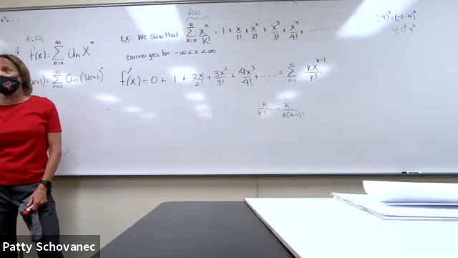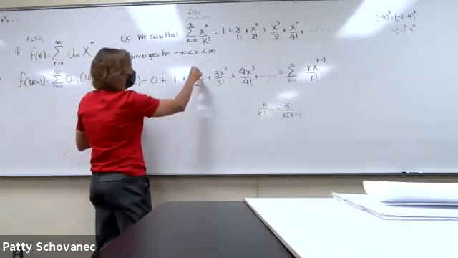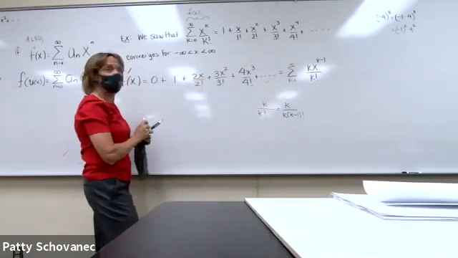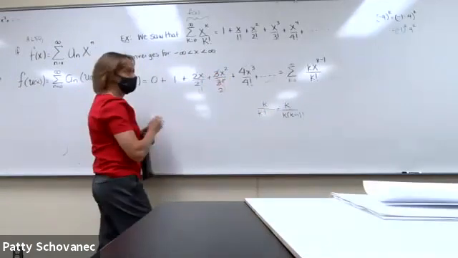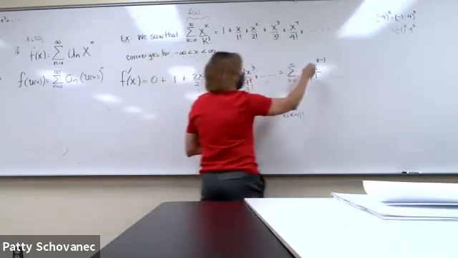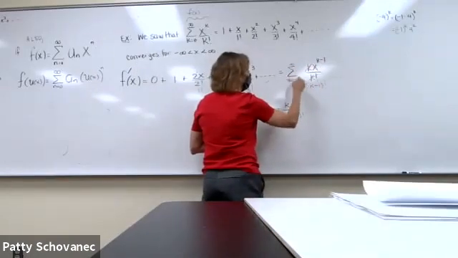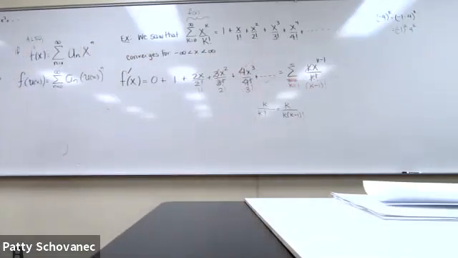The k's will cancel. And so this cancels here, just leaving me 1 factorial. This cancels here, leaving me 2 factorial, and so on. And that's why I need to start this at k is equal to 1 now, so that k minus 1 factorial will be defined.